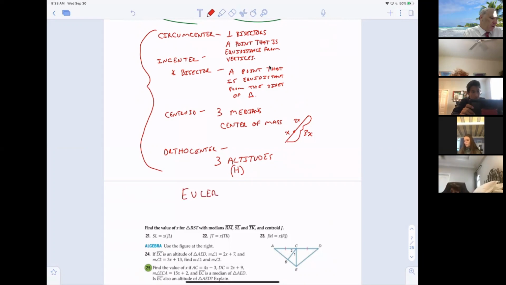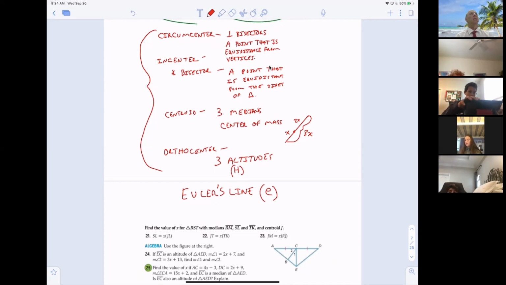Yes. It's called Euler's line. All of those points line up, or I should say are all collinear. It's kind of weird, actually. I don't even remember the proof behind it, to be honest. But this guy has his own number named after him. It's called e. Very famous. Yes. Tell me.